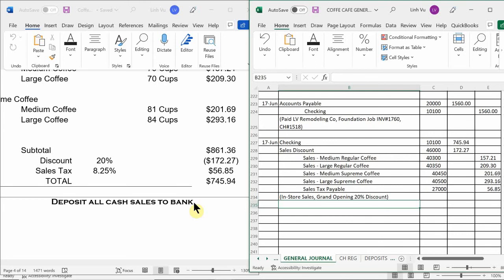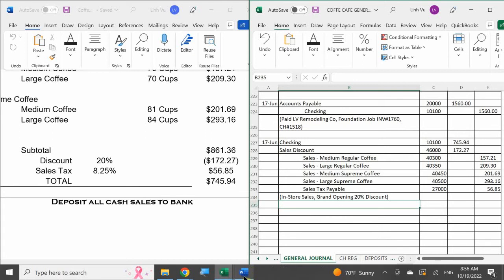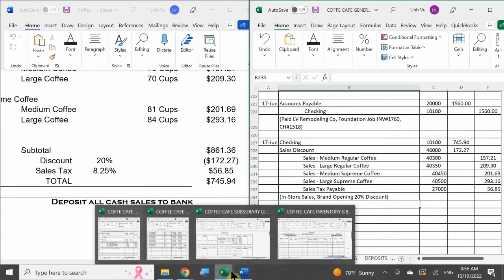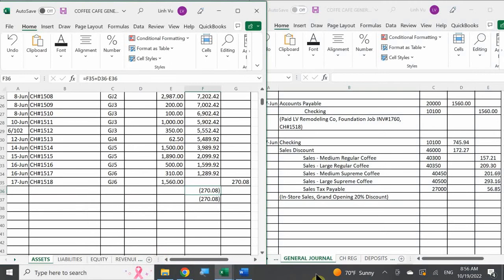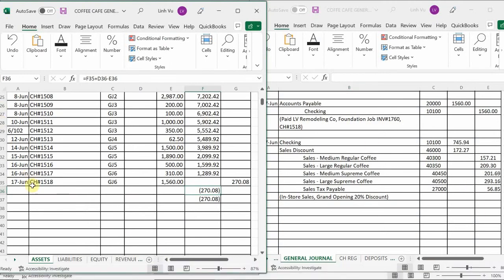You would have to go to your asset account and put it in bank or checking. Yeah, so we're going to update my ledger accounts by putting everything into the respective account.